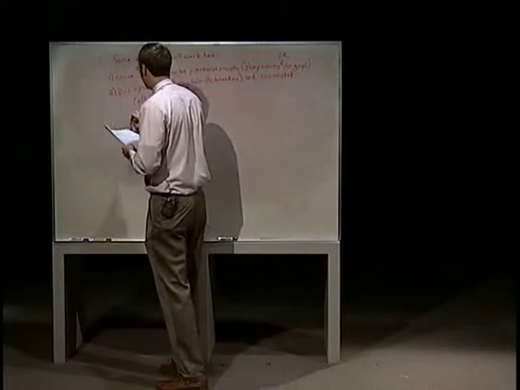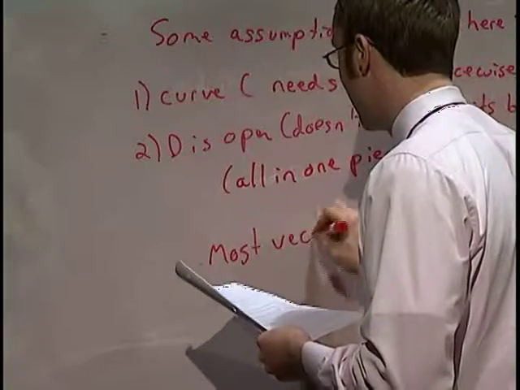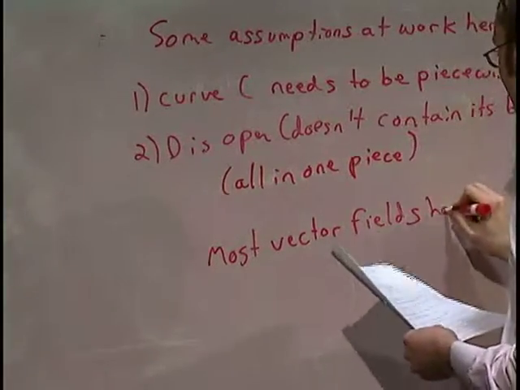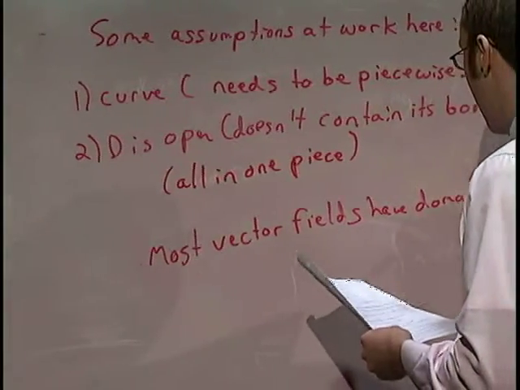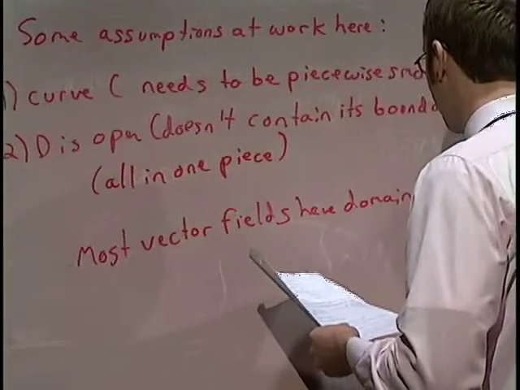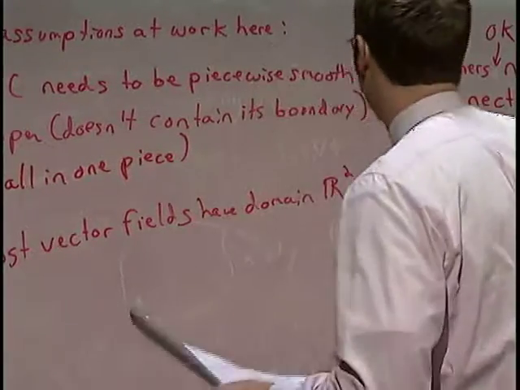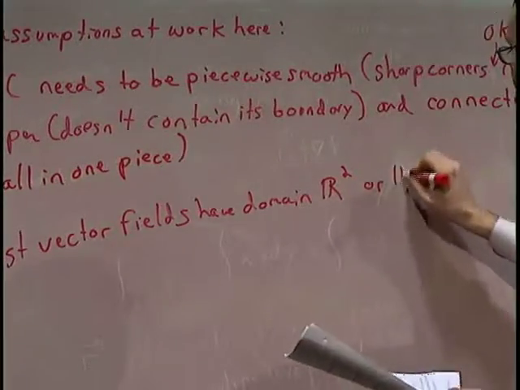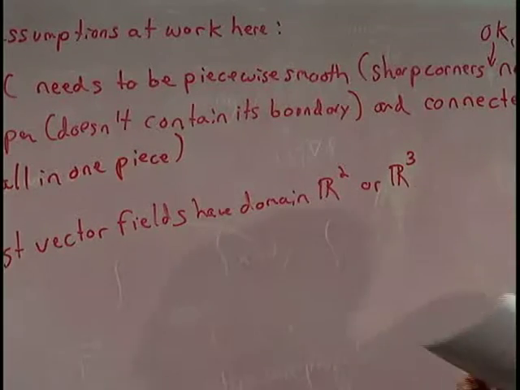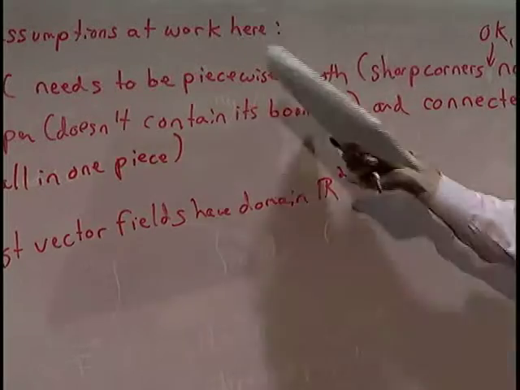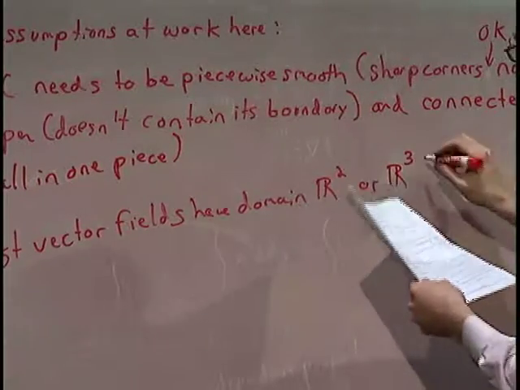And so what's nice is that most vector fields have domain R2 or R3. In other words, most vector fields have domain the entire plane or all of space, right? And in both cases, they're both open and connected.